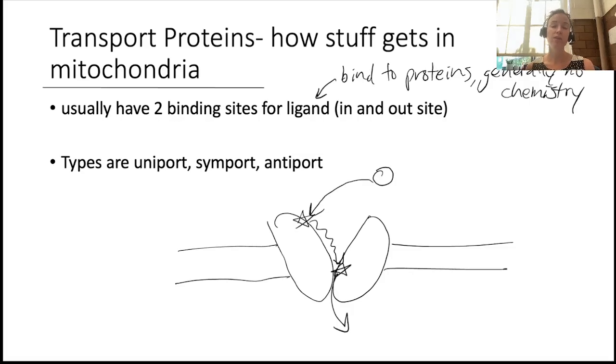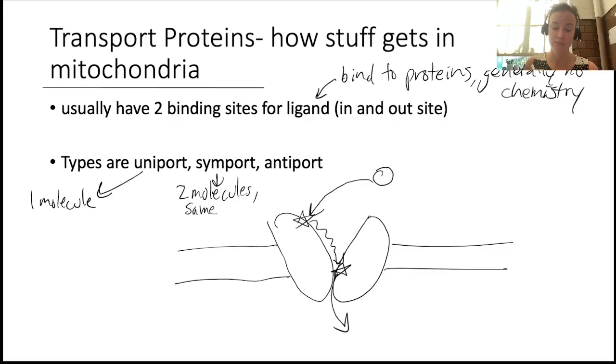There are three different types of transport that these proteins do: uniport, symport, and antiport. Uniport is the transport of one molecule. Symport is the transport of two molecules in the same direction.